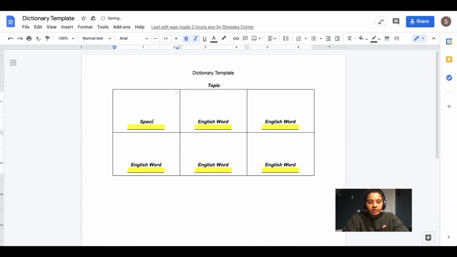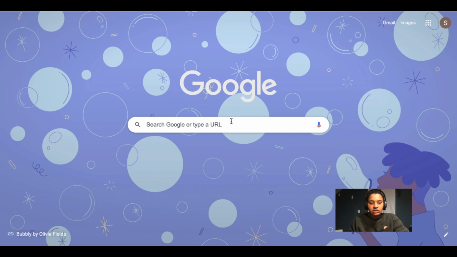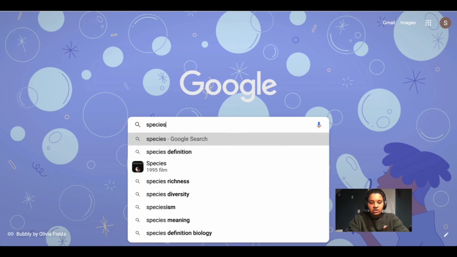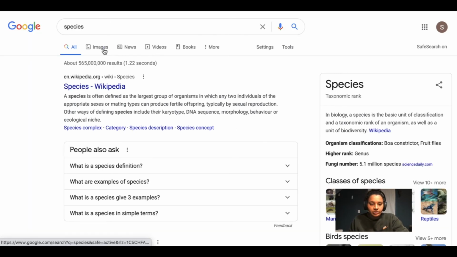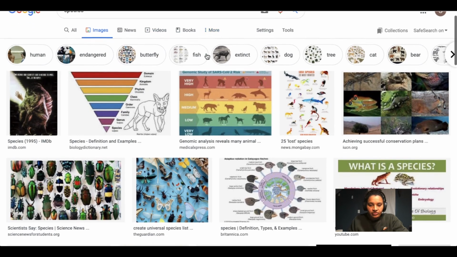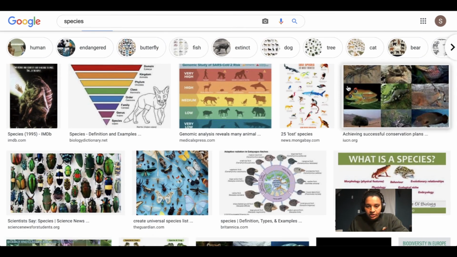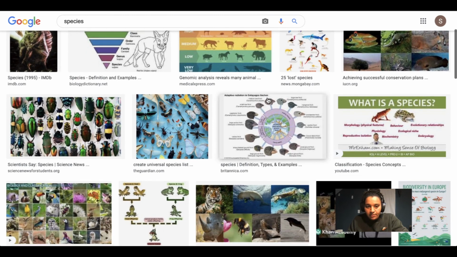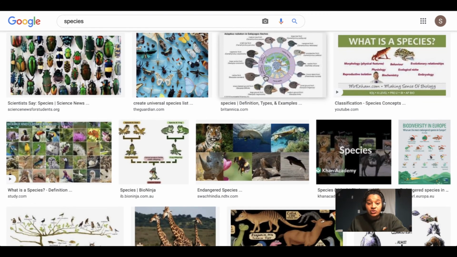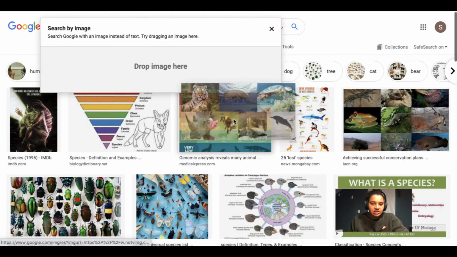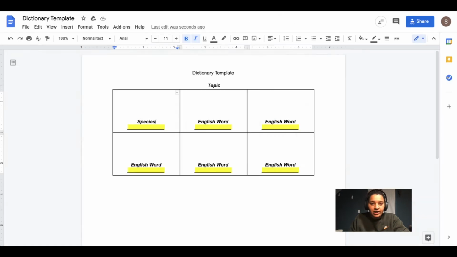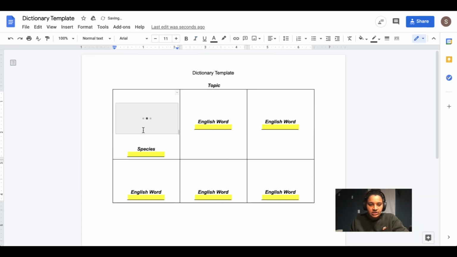I would put in the word species here, and then I would go to Google, type in species, and then go to images, and then I would find an image that would represent the meaning of the word that I'm trying to get students to understand. Of course, species is a pretty easy one because there is only one definition for it. So I would take this picture, I would drag it, and then plop it into the template.